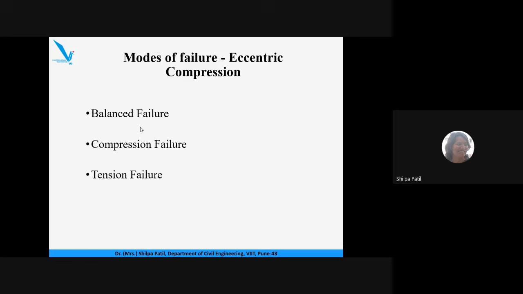And when the moment is lower, the axial load carrying capacity of a column is high. So P stands for axial load, M stands for bending moment acting on a column. Both these values are interrelated, and this interaction between these two is identified as PM interaction.